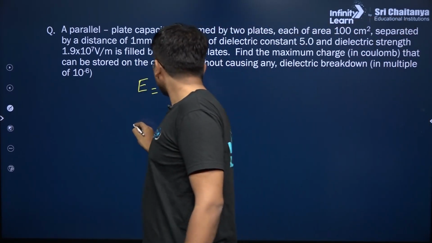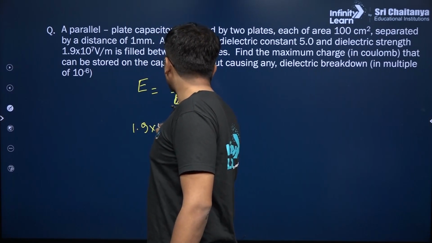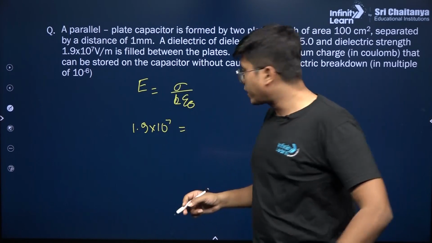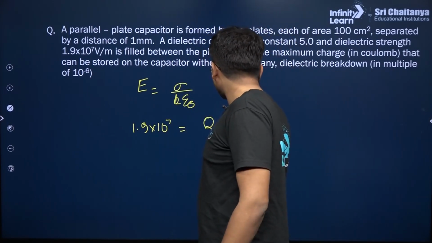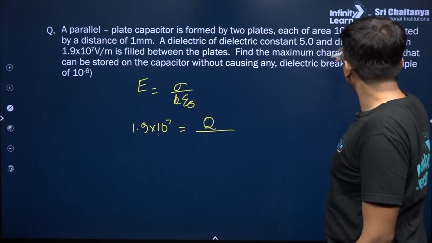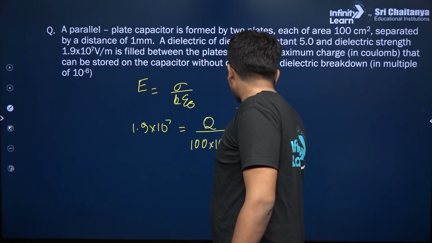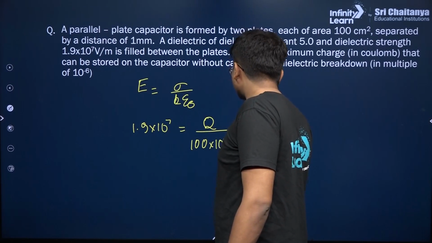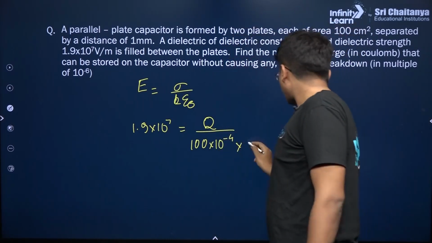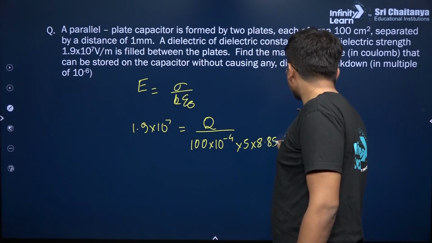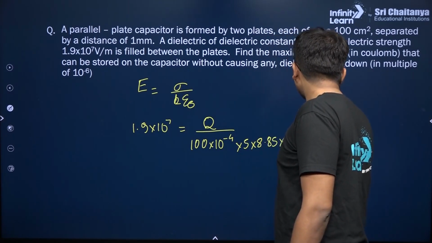So 1.9 into 10 to the power 7 is equal to, sigma is just the charge divided by area. So charge is exactly what we need to find, divided by the area, given as 100 centimeter square, so 100 into 10 to the power minus 4. K value is provided as 5 and epsilon is 8.85 into 10 to the power minus 12.